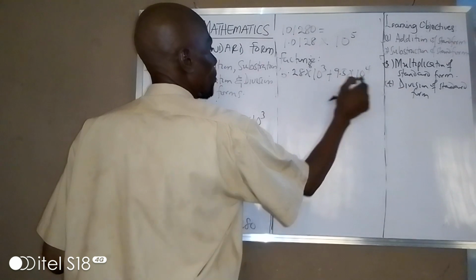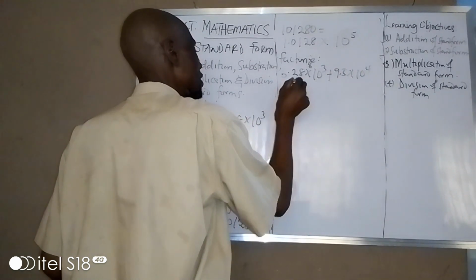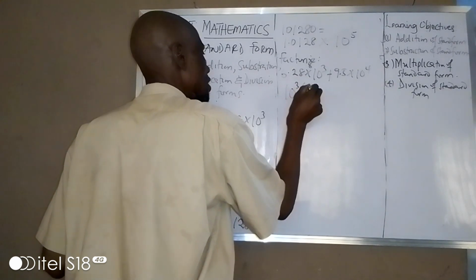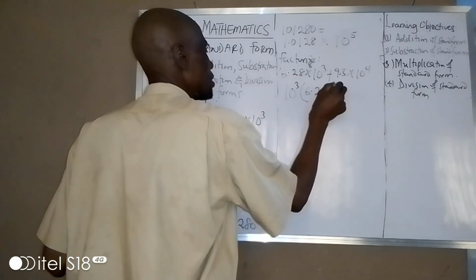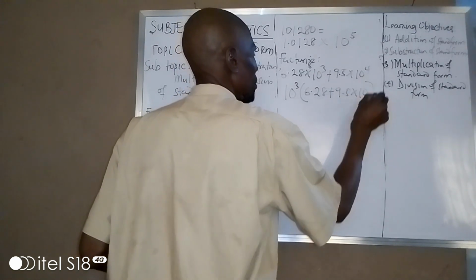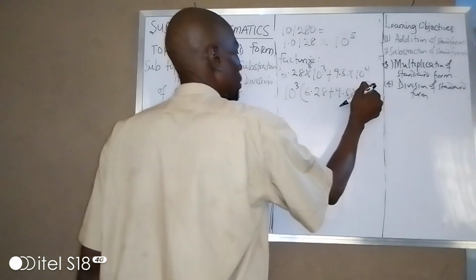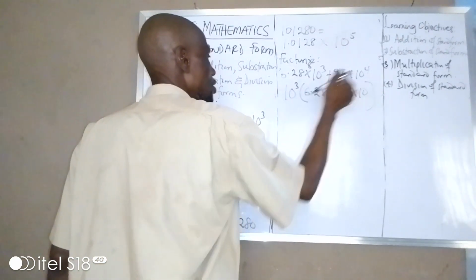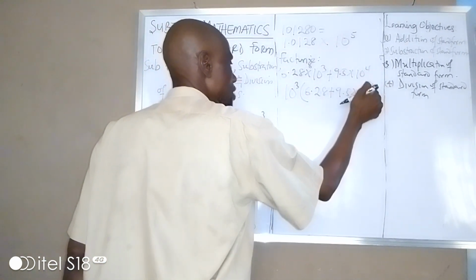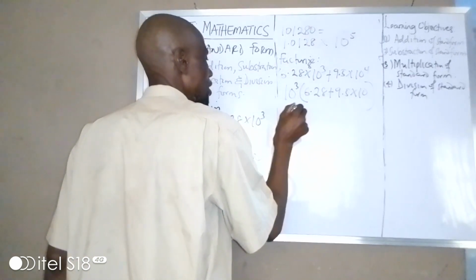What is the common power? 10 raised to the power 3 can go outside. Now put 10 raised to the power 3 bracket 6.28 plus 9.5 times 10. Because if you add 10 raised to the power 1 plus 10 raised to the power 3, that gives us 10 raised to the power 4. There is a visible 1 here. 3 plus 1 gives us 4.